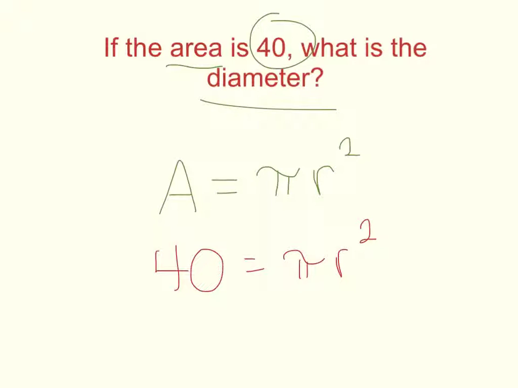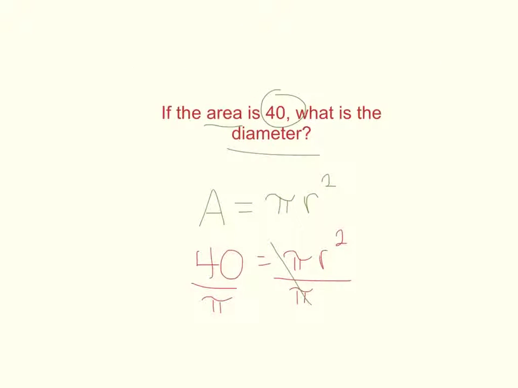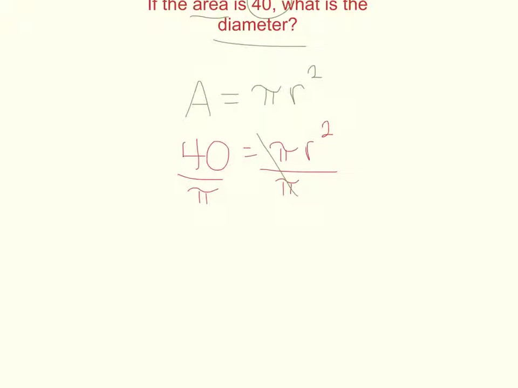I can now solve for this r. I divide by pi because that cancels my pi's. If I do it to one side, I have to do it to the other. So 40 divided by pi is 12.73 equals r squared.